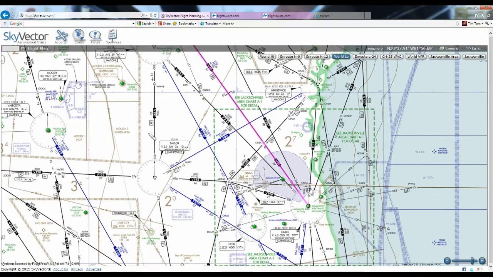Now, one reason I want to stress using en route charts is they tell you what frequency to use in a certain area. So if you see this little box right here with the zipper outline, this indicates that Jacksonville Center is on 125.375 for the Lake City area.